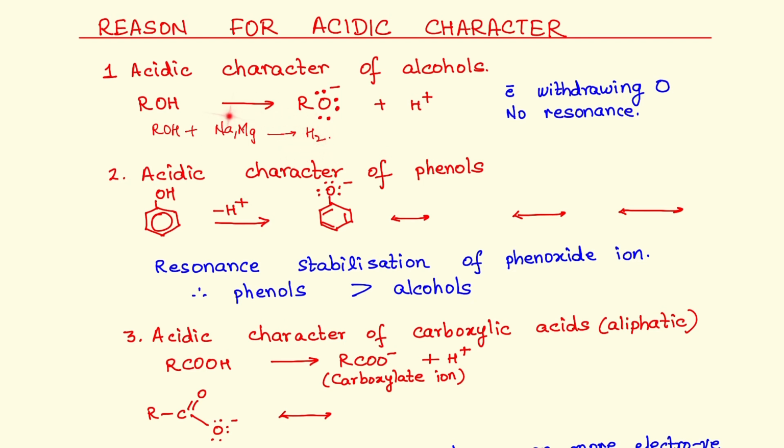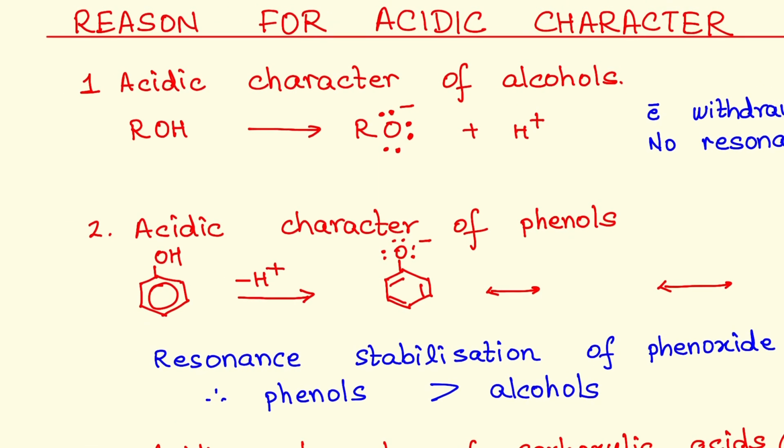So what explains the slight acidic character of alcohols? Again, if we see the alcohol that we have written, ROH, when it loses a proton, it is going to form RO negative. That means this is what we call an alkoxide ion. Now, do you think that this alkoxide ion is stabilized by resonance?